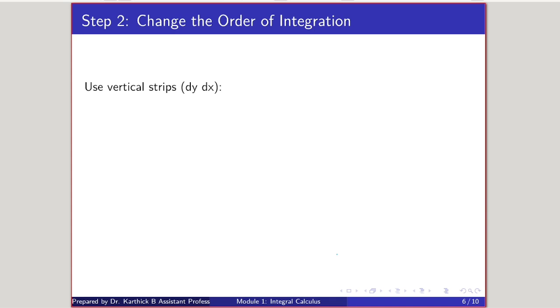Now the given problem is in the form of dy dx. So I will write the problem here: integral from 0 to a, y to a, of x by x square plus y square dx dy. This is the given problem.